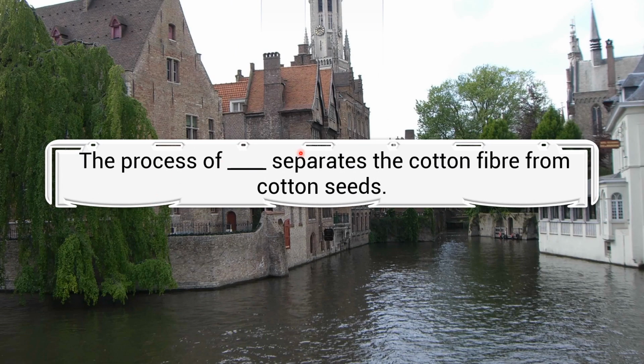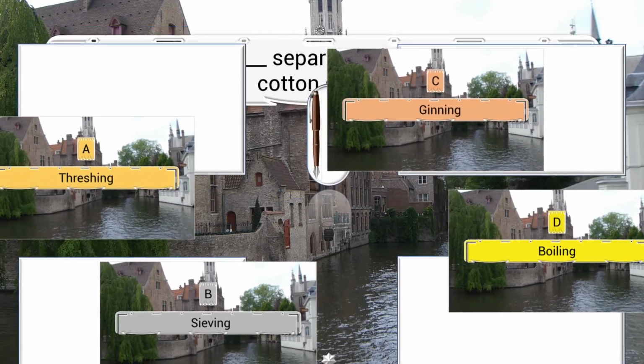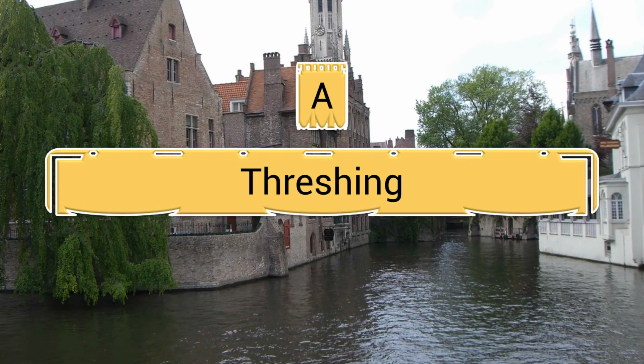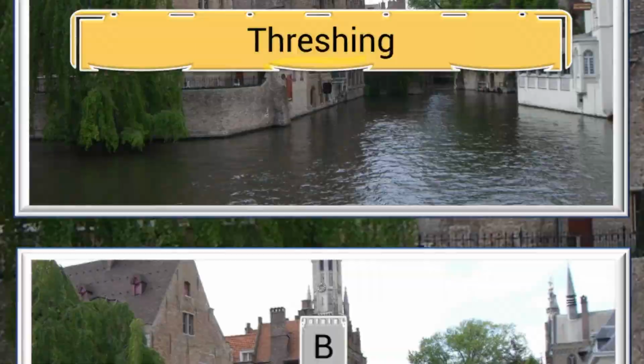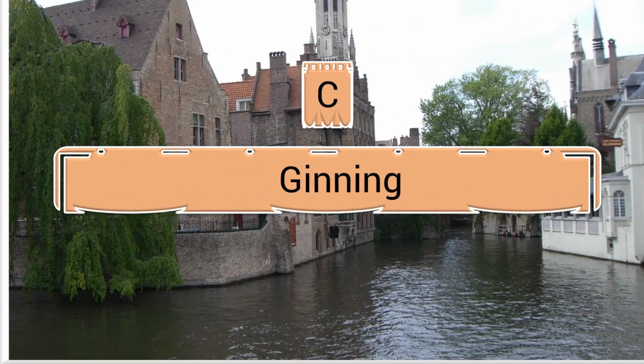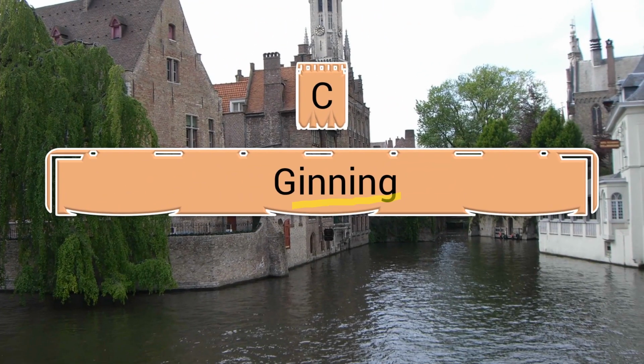The process of dash separates the cotton fiber from the cotton seeds. Is it threshing, sieving, ginning, or boiling?